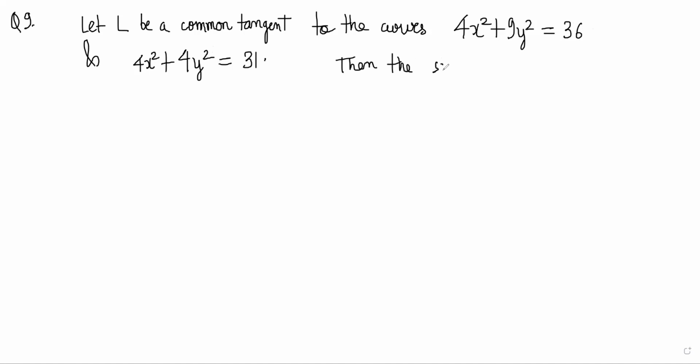Then the square of the slope of the line L is equal to what?